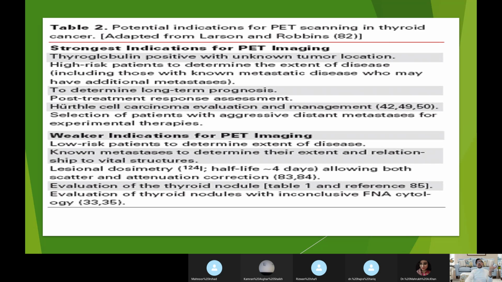Weaker indications: low risk patient, known metastasis, lesional dosimetry, evaluation of the thyroid nodule, non-inclusive FNA cytology, etc.